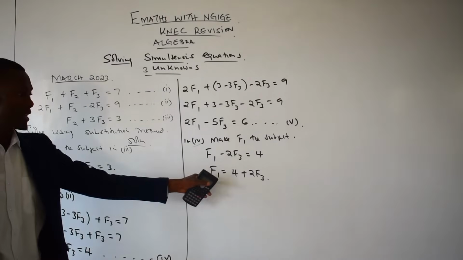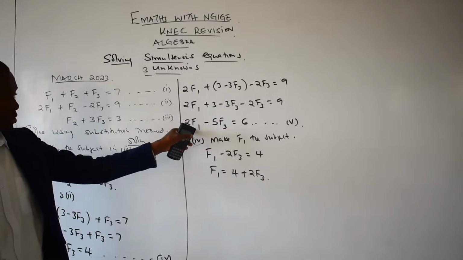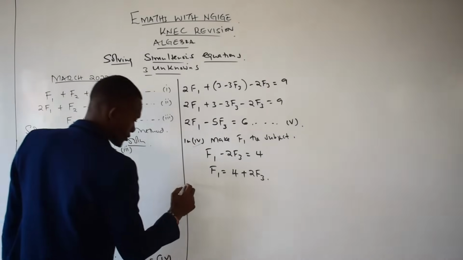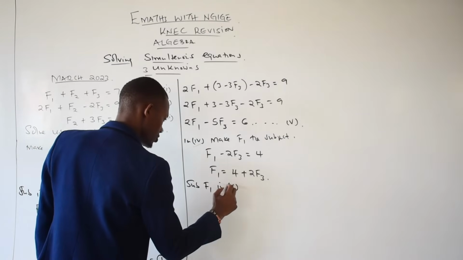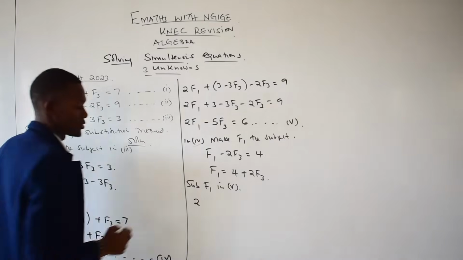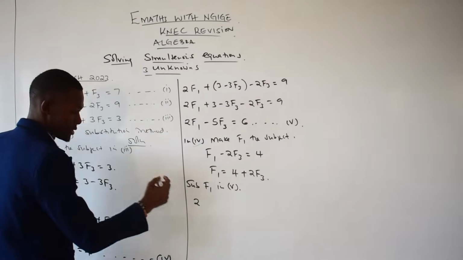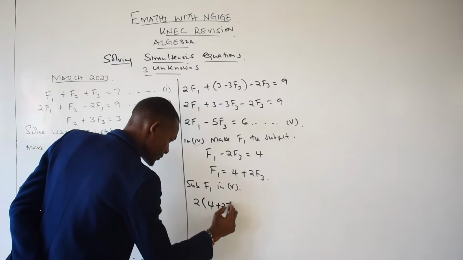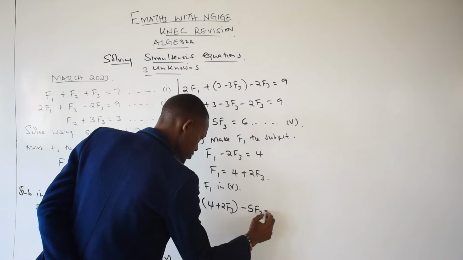Then replace f1 in equation number 5. So we shall have 2 times what is our f1, 4 plus 2f3, then minus 5f3 will give you what?